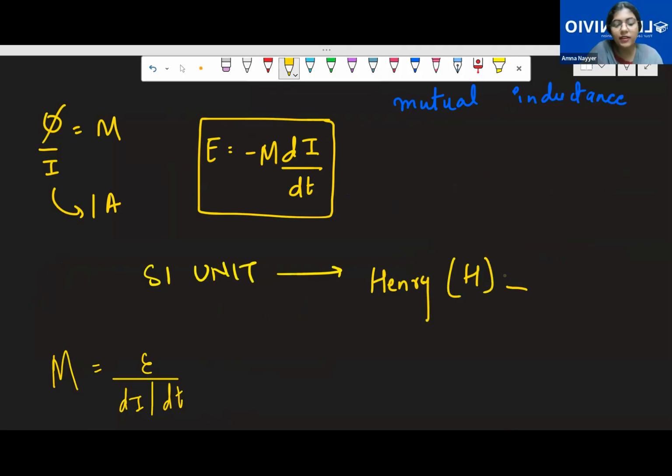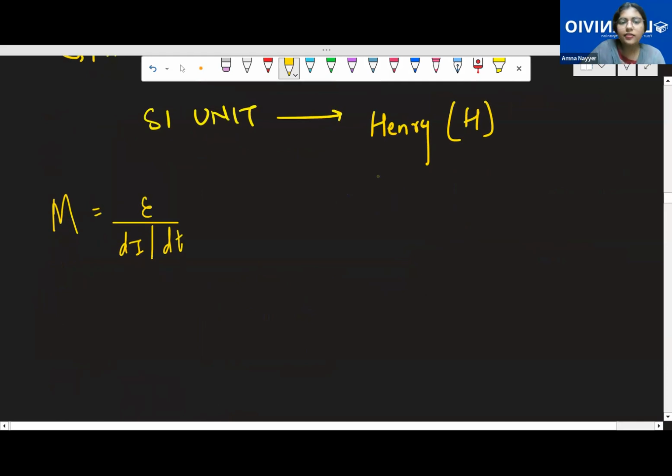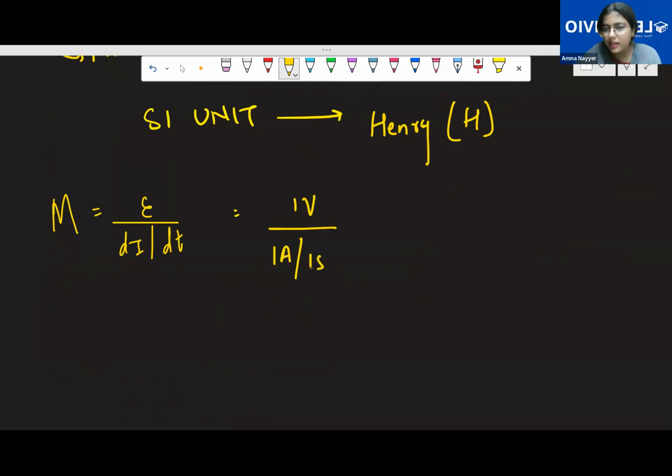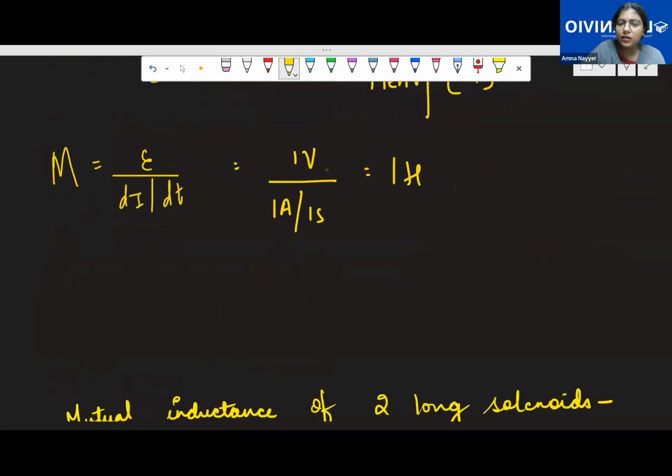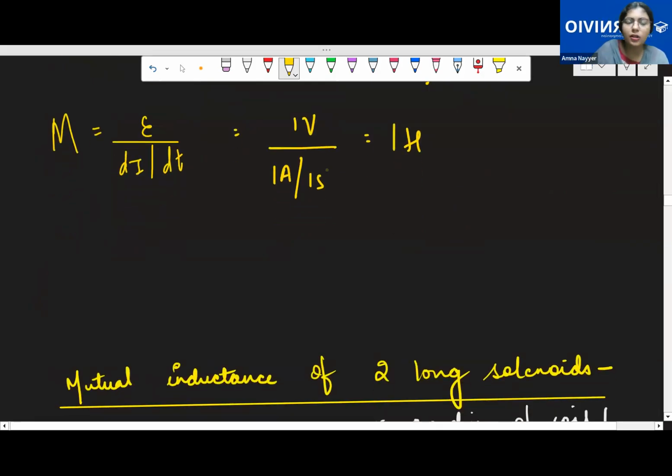So you have to check whether two coils are present or a single coil is present. And see, if mutual induction, if I write from there, this is 1 volt by 1 ampere per 1 second, which is still equal to 1 Henry. Don't use this unit. Okay, this is what mutual induction is all about.